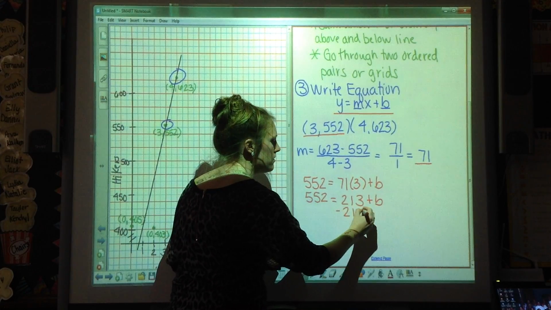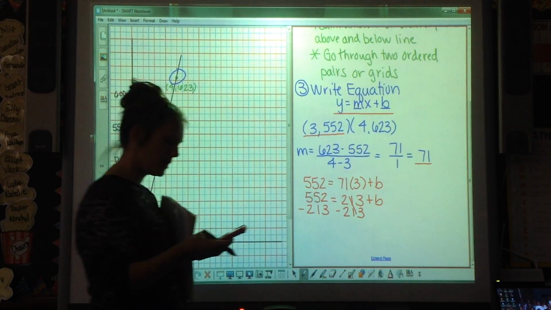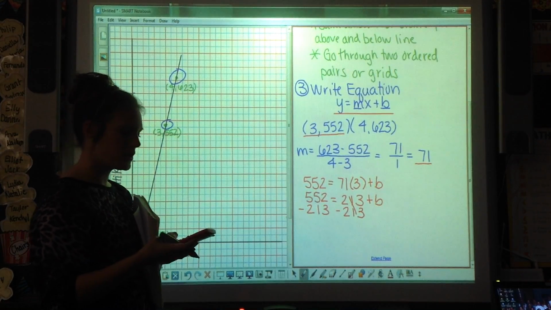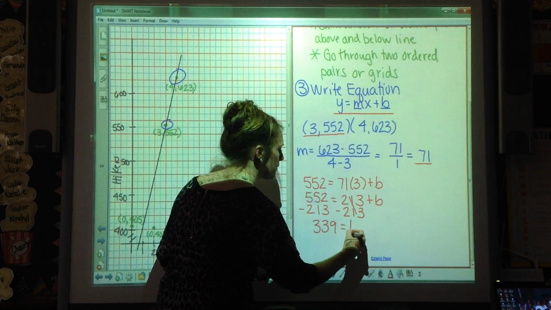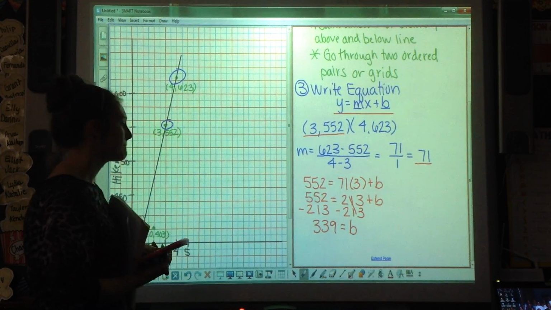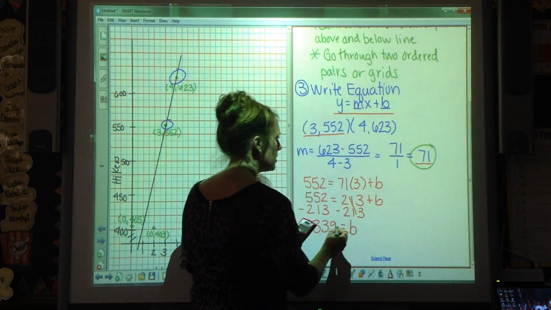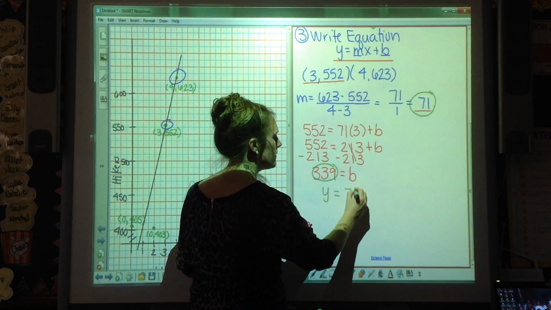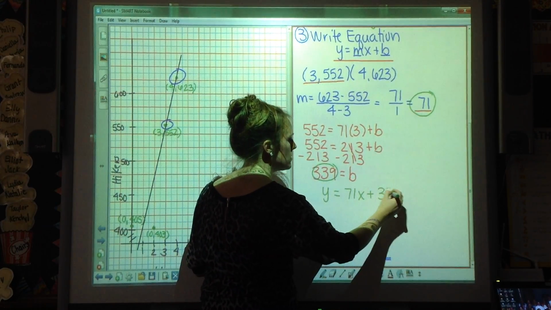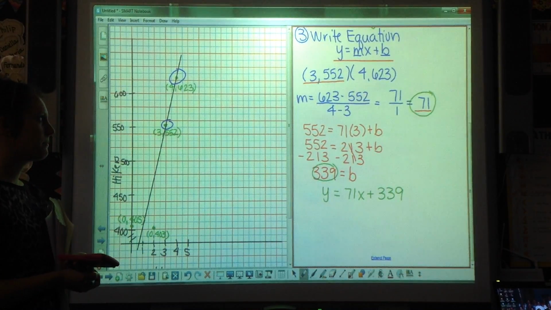To get b by itself, 552 minus 213 is 339. Now I can write an equation because I have my slope and I have my y-intercept. y equals 71x plus 339.